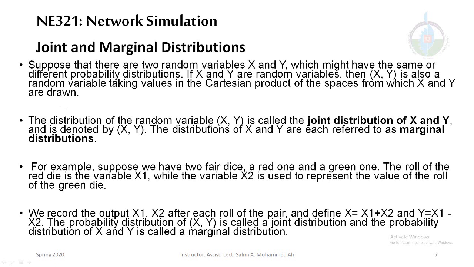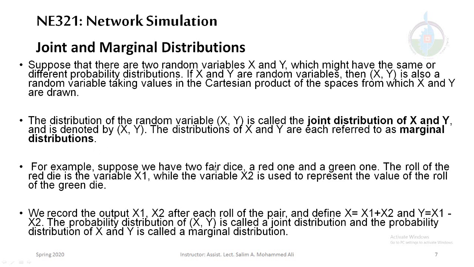The distribution of the random variable jointly x and y is called the joint distribution of x and y, and is denoted by p in brackets, x and y. The distributions of x and y are each referred to as marginal distributions.